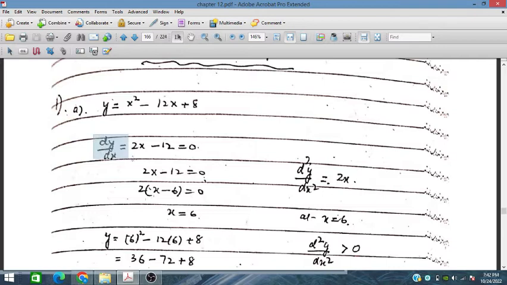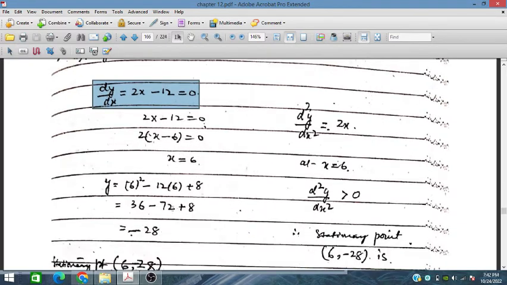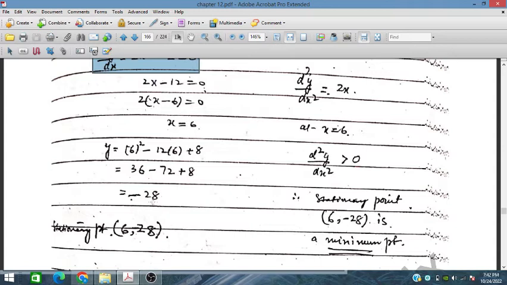This is a stationary point. So 2 is common, and x minus 6 is equal to 0, which means x is equal to 6. Placing x equal to 6, y gives minus 36. So the stationary point is (6, minus 36).